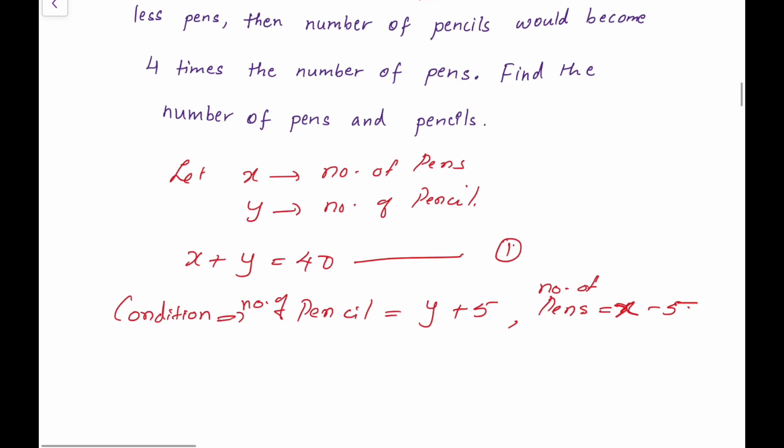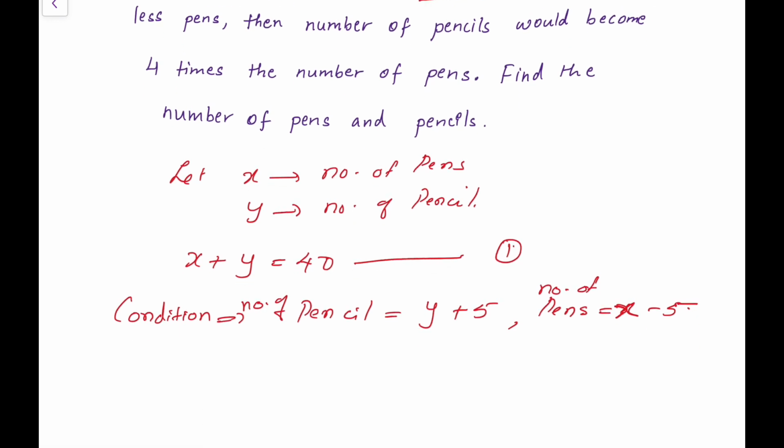Then the number of pencils would become 4 times the number of pens. So number of pencils here is y plus 5 now. Y plus 5 equal to would become 4 times. 4 times means 4 into number of pens. Number of pens is x minus 5. So this is how you should write the statement.